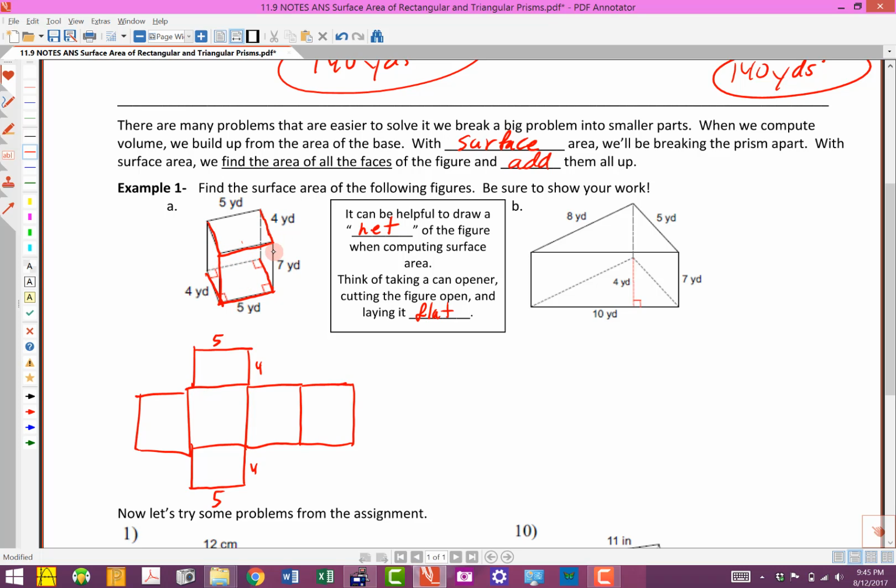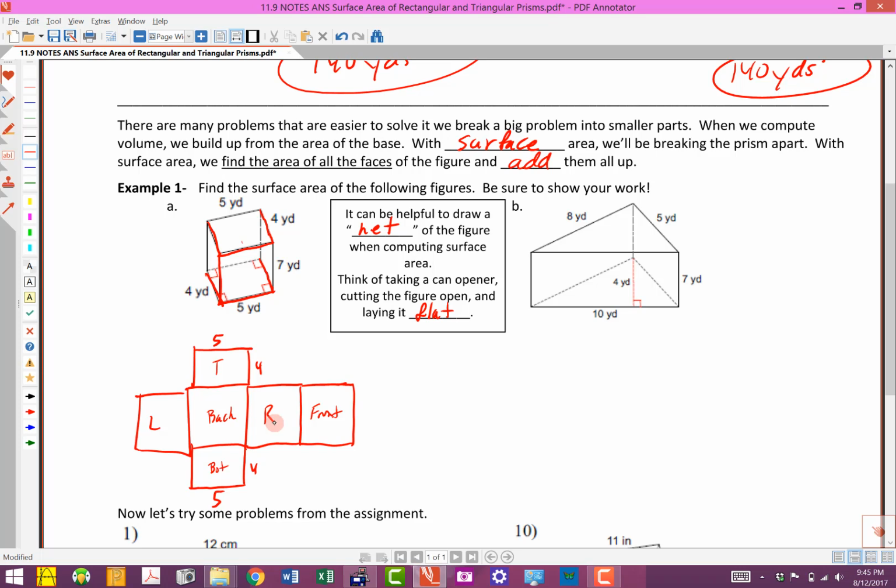So we've got 6 faces that we need to worry about finding the area for. We'll take a look at what we've got here, top and a bottom. Okay, this happens to be the back, and then this is the left and this is the right, and then this would be the front right here. So I'm going to label those top and bottom. This is the back, this is the front, and this is the left, and this is the right.